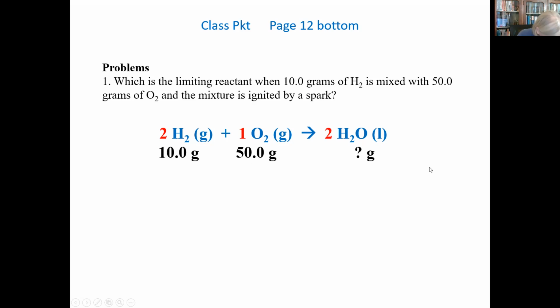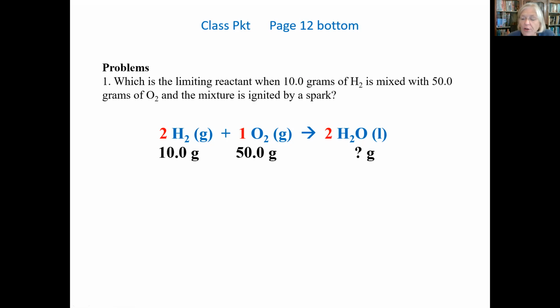So how do you do this? You actually do 2 stoichiometry problems. You take 10 grams of hydrogen through the stoichiometry and tell me how many grams of water are made. Then you take 50 grams of oxygen through the stoichiometry and tell me how many grams of water are made.